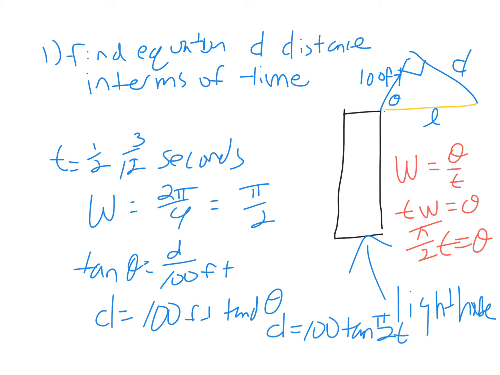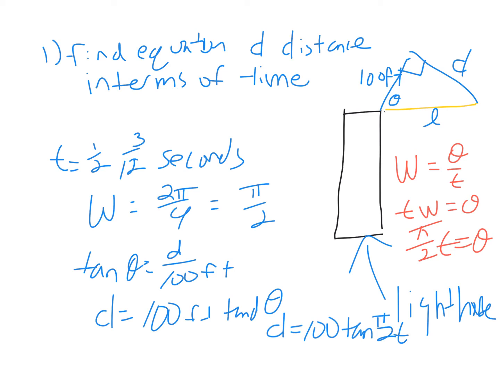Now to solve the question, I'll use green just to kind of mix up the colors a little bit. If we put 1/2 in for t, what will we get? It'll be pi over 2 times 1/2, which is pi over 4. Tan of pi over 4 is equal to 1, and 1 times 100 is 100.